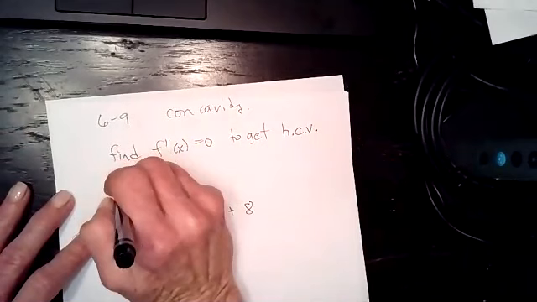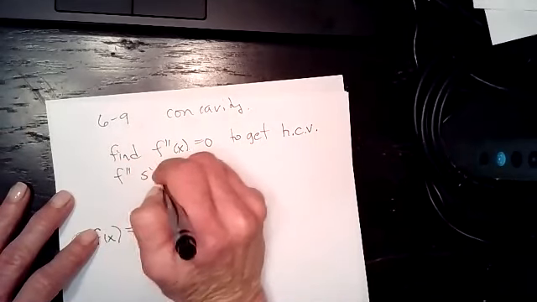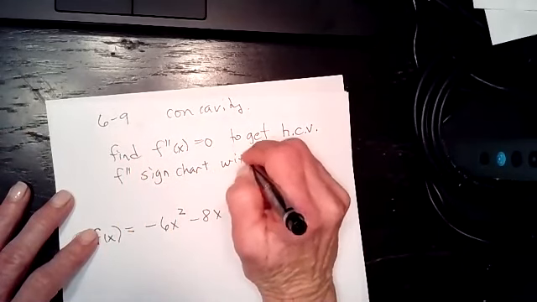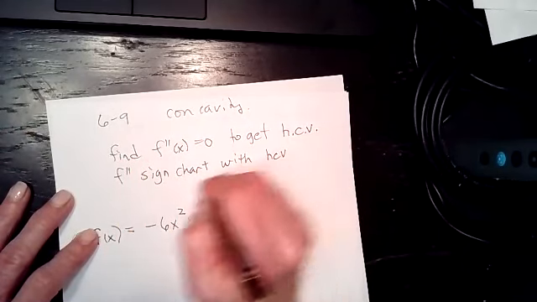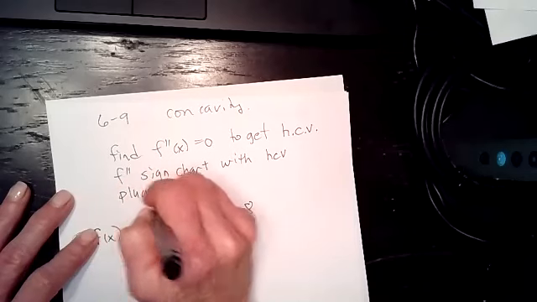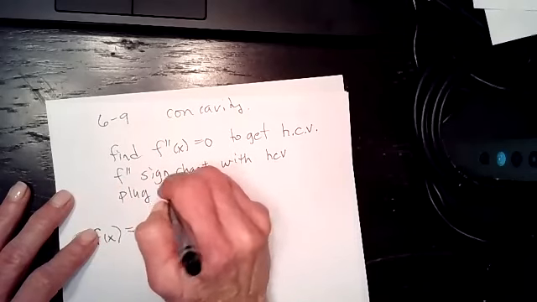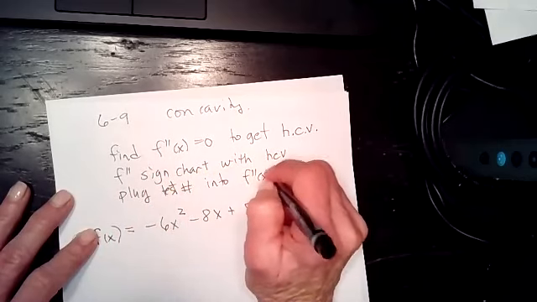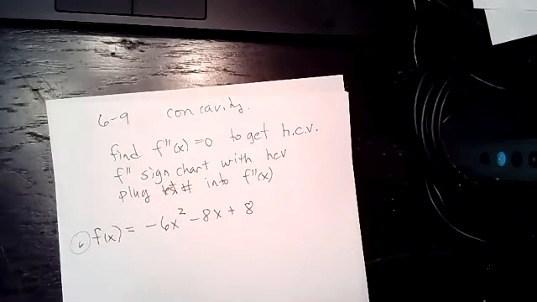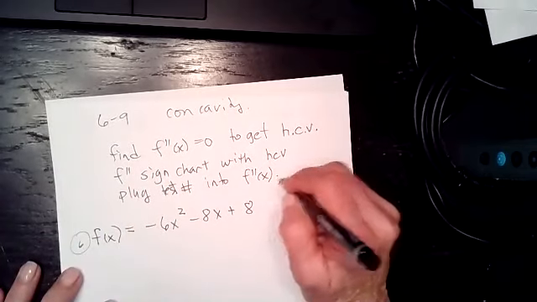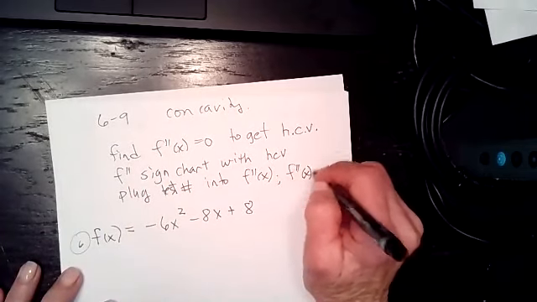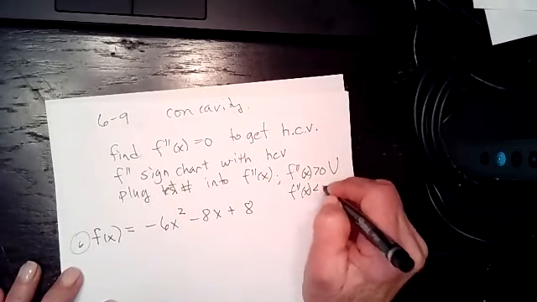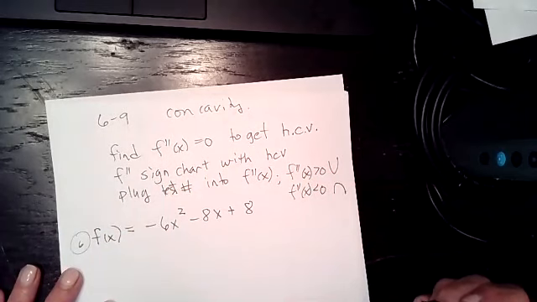You make a second derivative sign chart with your hypercritical value, and you plug your test numbers into f double prime of x. Remember, test numbers always go into the derivative. If f double prime of x is positive, it's concave up. If it's negative, it's concave down.